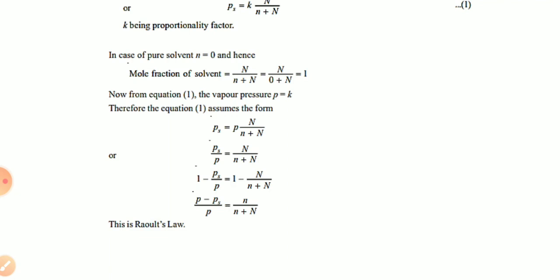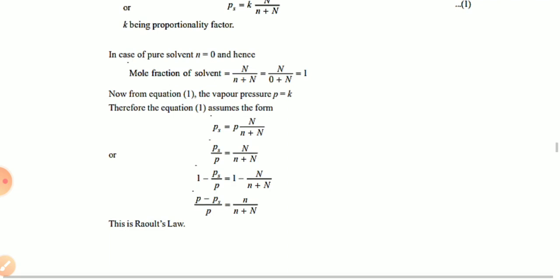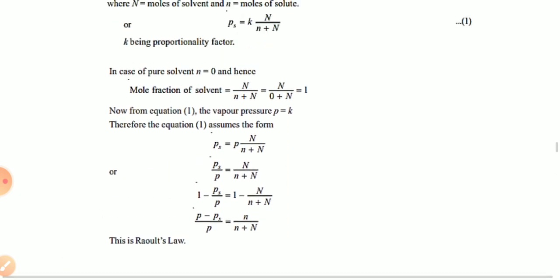Then 1 minus Ps by P equals 1 minus N by (N plus n), and we get the relative lowering of vapor pressure equal to the mole fraction of the solute, n by (N plus n). So this is Raoult's law and the lowering of vapor pressure. Thank you very much.